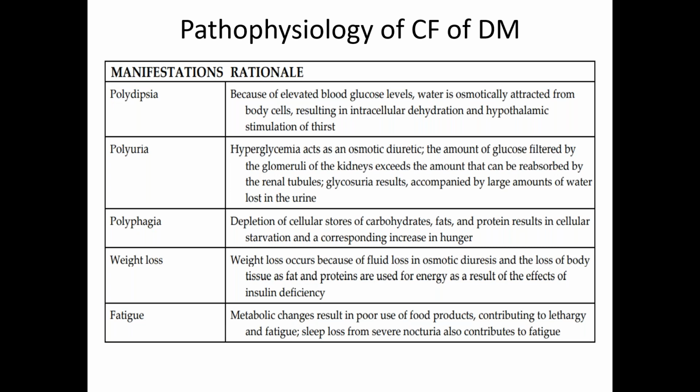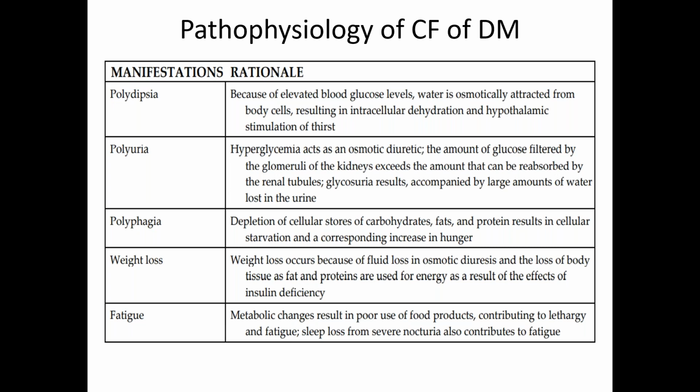When the hyperglycemia crosses this renal threshold, glucose appears in urine. Water is also osmotically attracted from the body cells into the blood and results in intracellular dehydration and hypothalamic stimulation of thirst. So polydipsia, increased thirst, is because of high glucose levels in the blood.